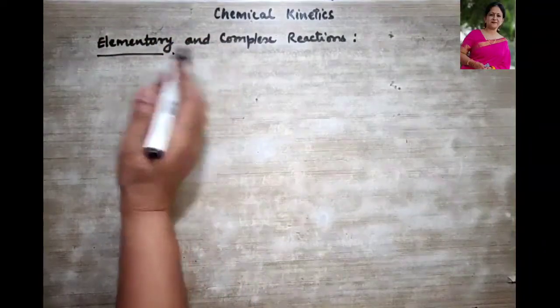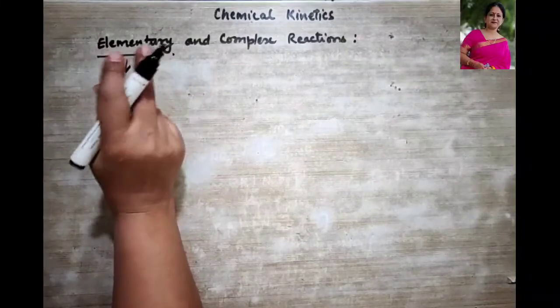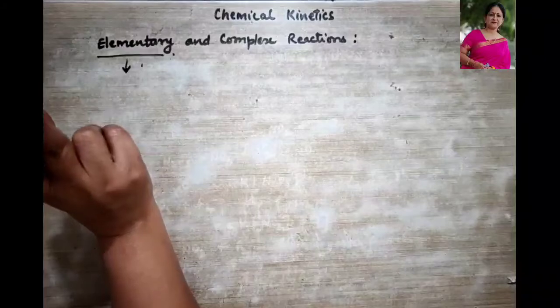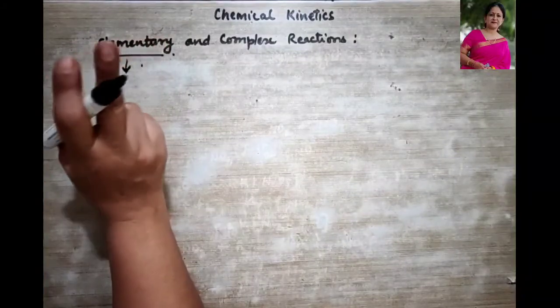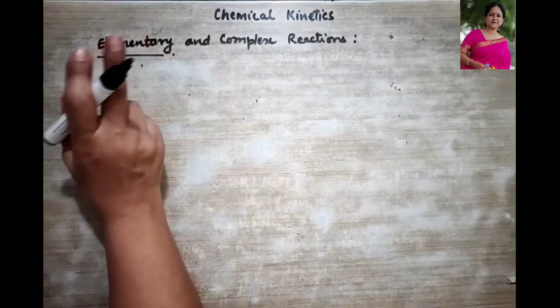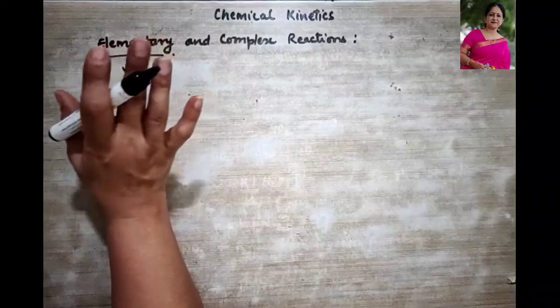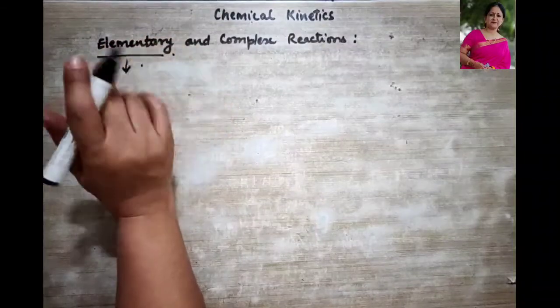So let us take an example over here. I am talking about elementary reactions. As I told you, they take place in one step, and for these reactions the order of reaction is equal to its molecularity, which is always represented by a balanced chemical equation.